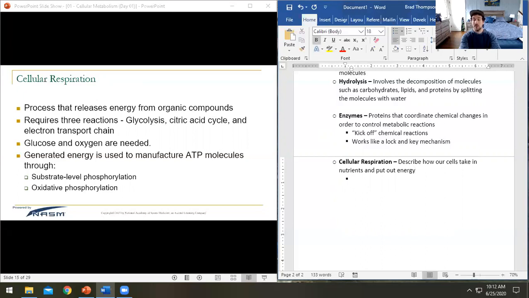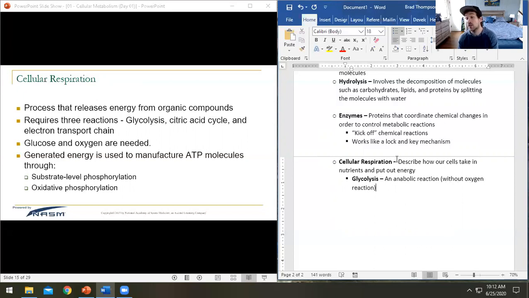The first one is going to be called glycolysis. And glycolysis is what we call an anaerobic reaction, meaning that it takes place without oxygen.